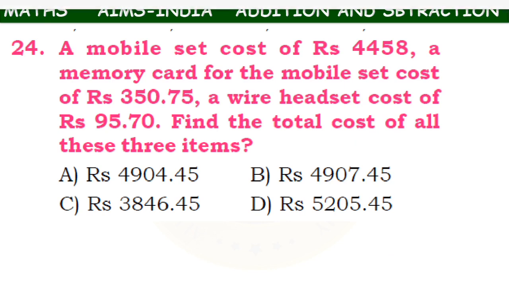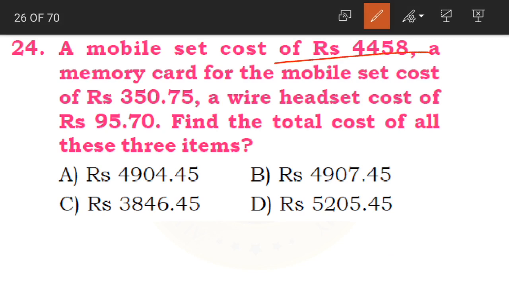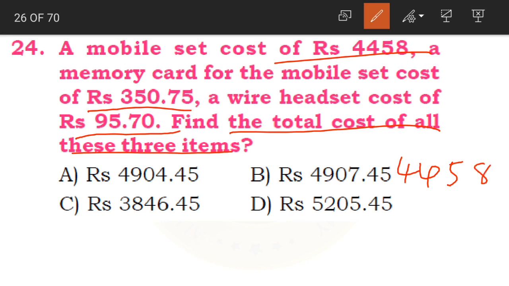Coming to question number 24. The cost of a mobile set and the memory card is given, and also a wire headset. Now what should we do? We should find the total cost of all the 3 items. Yes, children, how to do that? We need to add all these together. 4458 plus 350 plus 75.75.